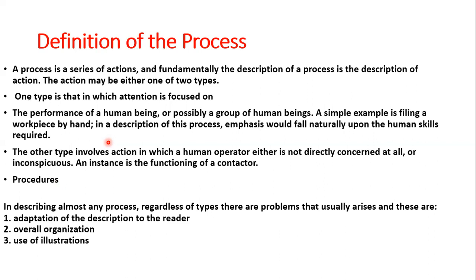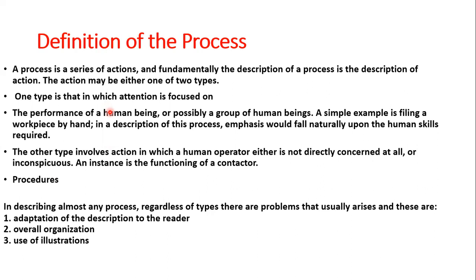Dear students, the description of the process is further divided into two main things. Number one, the performance of the human being. It is called the description of the process from engineering point of view.